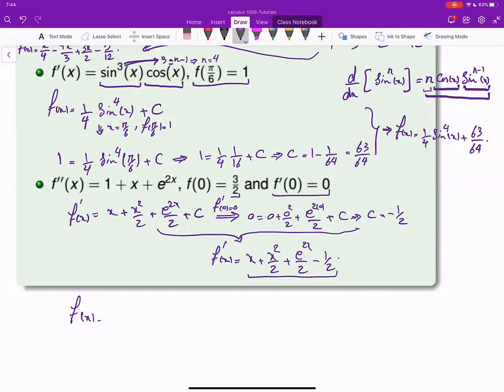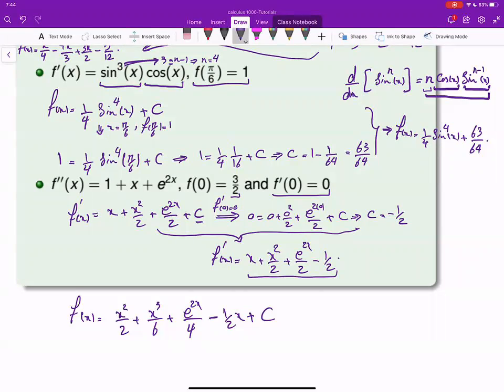So f of x is now x squared over 2 plus x cubed over 6 plus e to the power 2x over 4 minus half x plus a constant. That constant can be different from the other constant, but I will use the same c, knowing that you won't confuse these two constants.